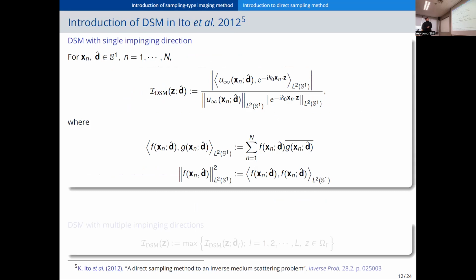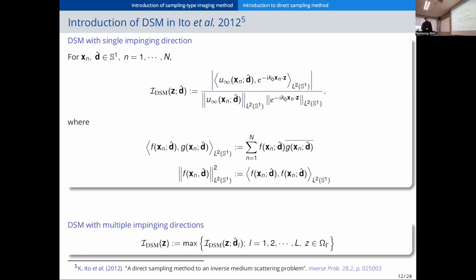The DSM for a single impinging direction means that there is only one transmitter antenna. Then the DSM is defined like this one, which is very simple. The numerator term is, by the Hölder inequality, just a normalization, and this is the key part.